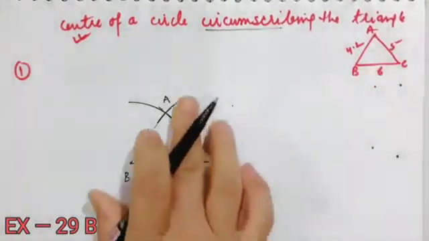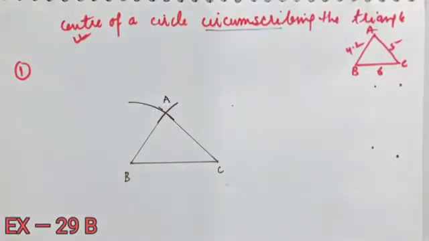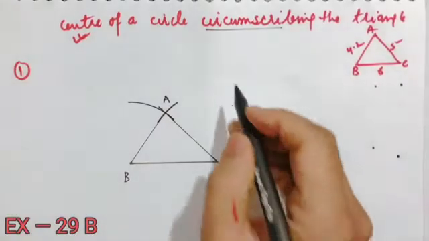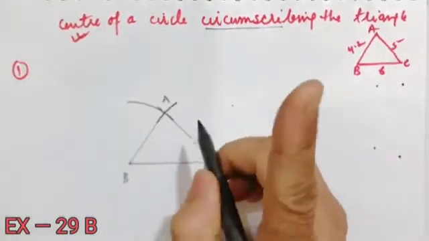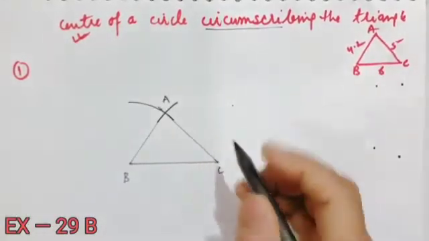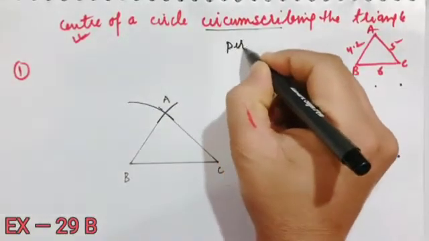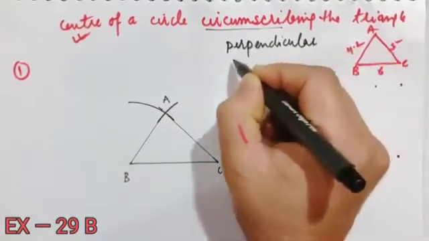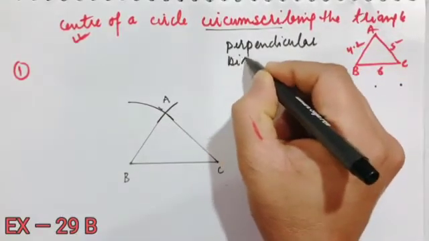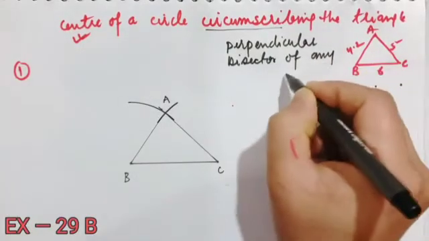Means I have to construct a circle passing through A, B and C. इसके लिए what we have to do is, the rule says that draw the perpendicular bisector of any two sides.